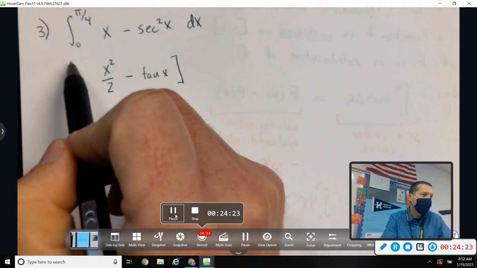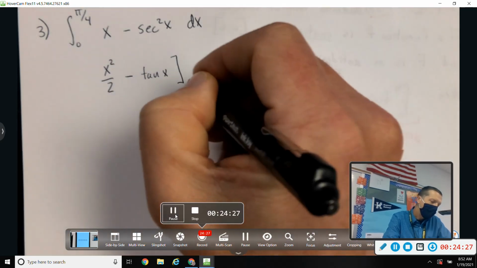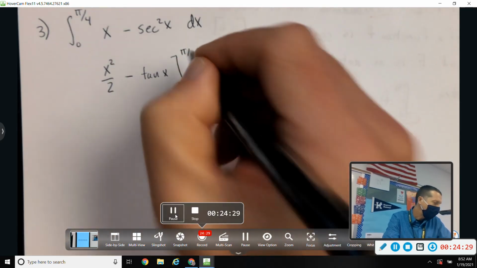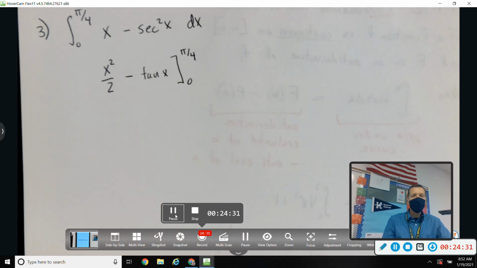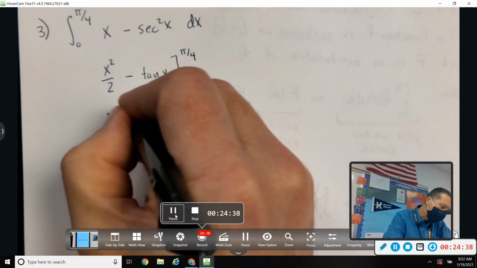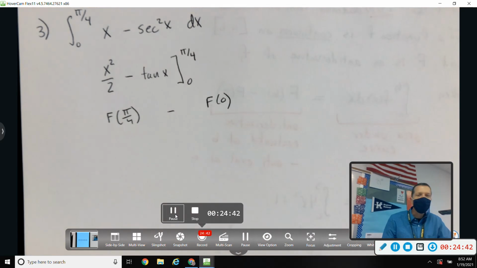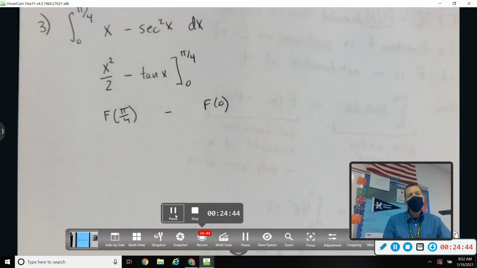I already applied the antiderivative symbol, so that's gone. Now I'll evaluate from 0 to pi over 4. So again, the top one minus the bottom one. If you want to use the capital letters, you can, to tie it to our original definition: the antiderivative at pi over 4 minus the antiderivative at 0.